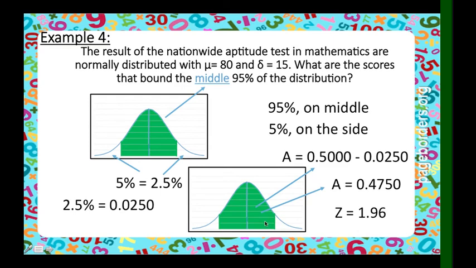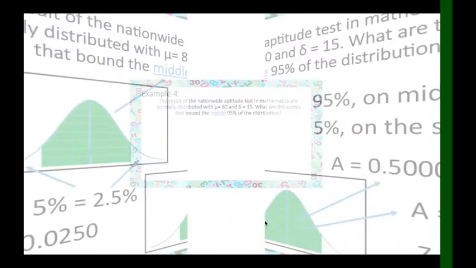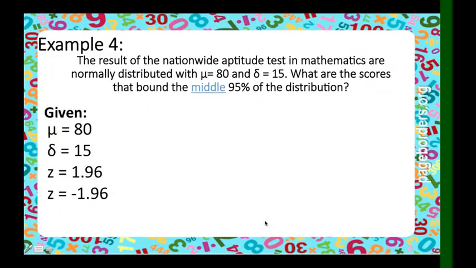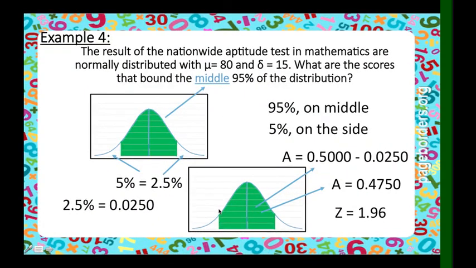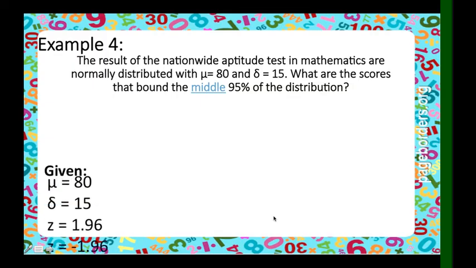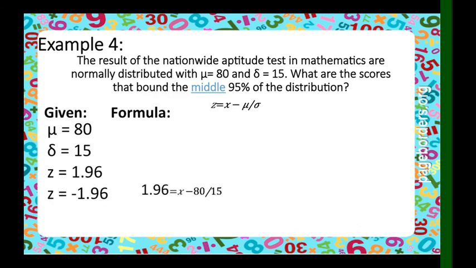Okay? Now to find the score, we have the given. We have positive 1.96 and negative 1.96 because it is in the middle. If we look at the table, these are negative signs and these are positive signs. Then we will solve it using the formula.